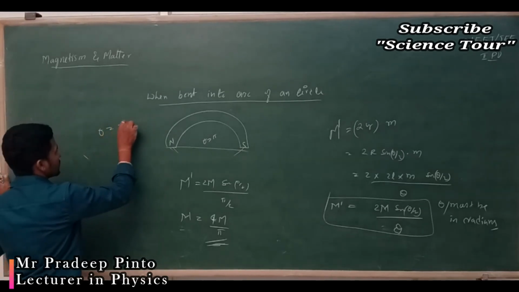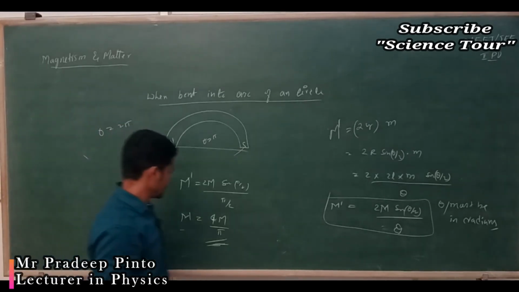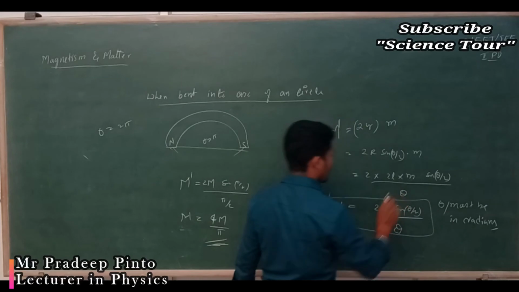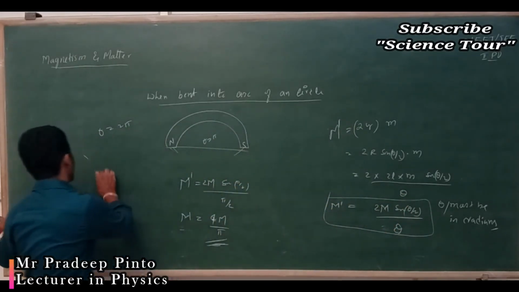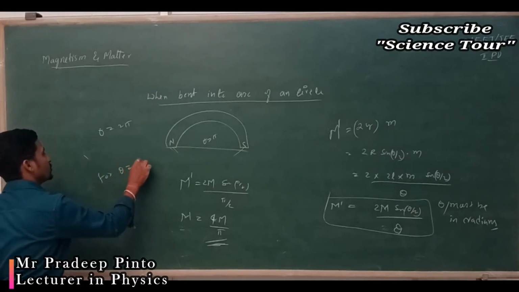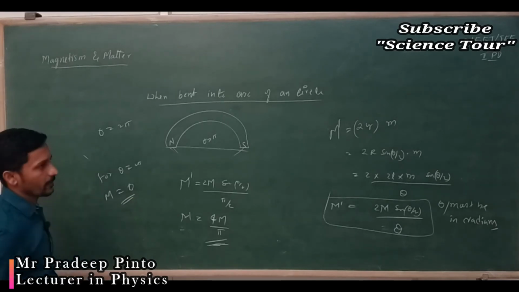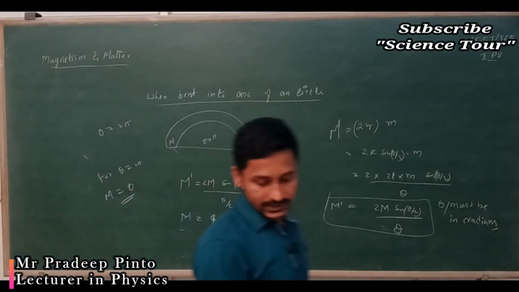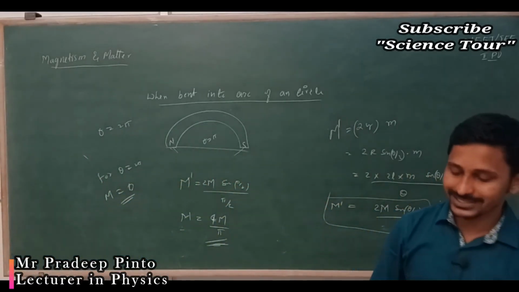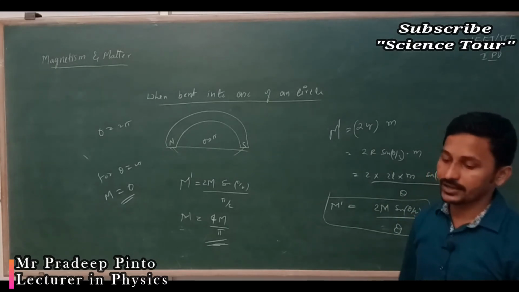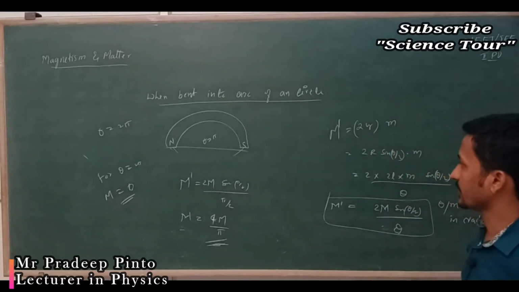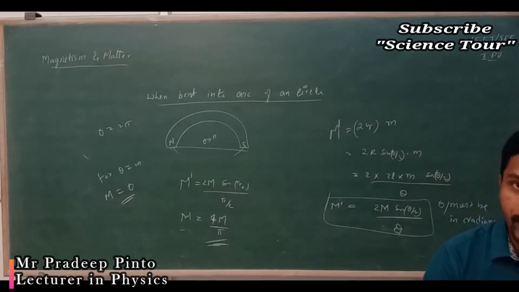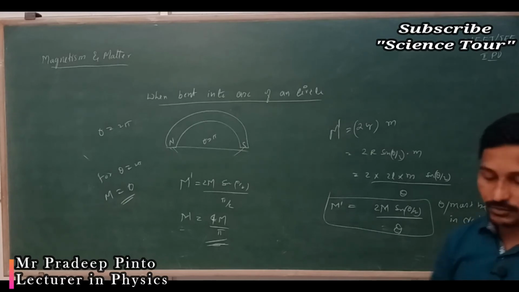Theta becomes 2 pi, so what? It's going to become 0. For theta equal to 2 pi, m' is equal to 0. That means there is no magnetic moment for theta equal to 2 pi, if the magnetic orientation we have done in that way. If the magnetic orientation is done in that way, no magnetic moment arises.